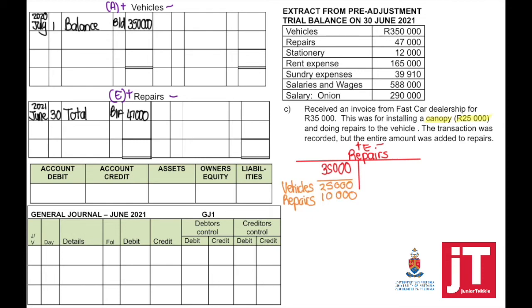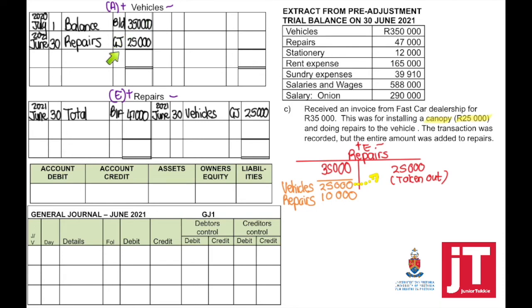That consisted of the vehicle that got a canopy, which means it should have been added to your vehicle account, and it consisted of repairs. So this means that that 25,000 must be taken out. To take it out, it means that repairs will be credited, account debited, vehicles with 25,000.